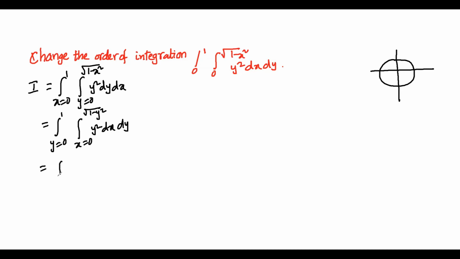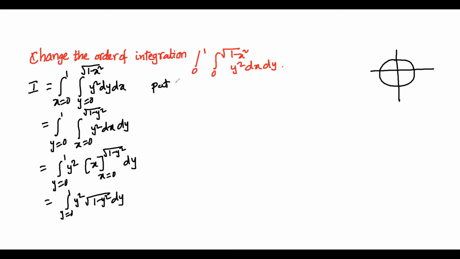That is equal to integral y is equal to 0 to 1, y square of x from 0 to square root of 1 minus y square into dy. That is equal to integral y is equal to 0 to 1, y square root of 1 minus y square into dy.